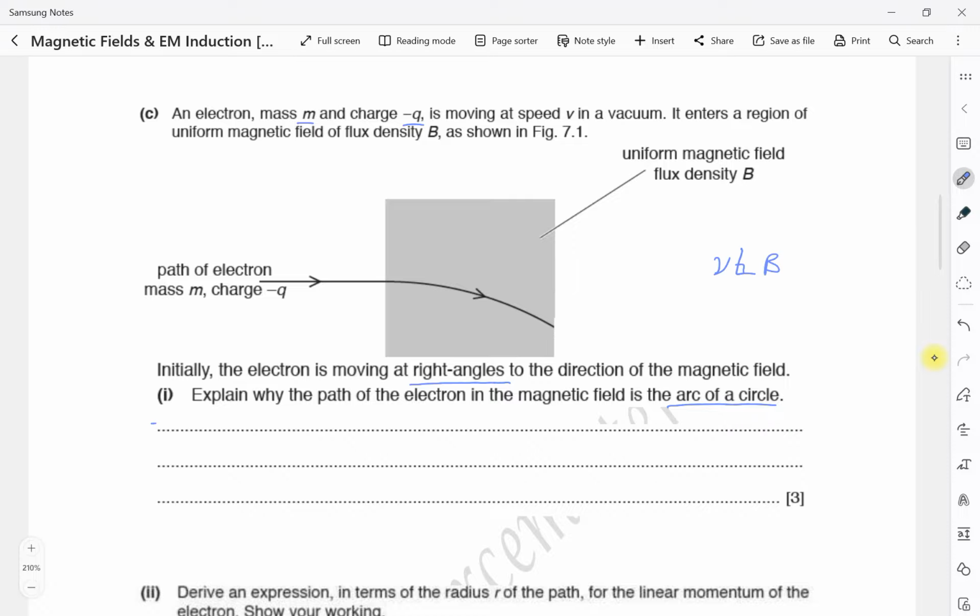So the magnetic force is constant and always perpendicular to the velocity, or to the direction of motion.